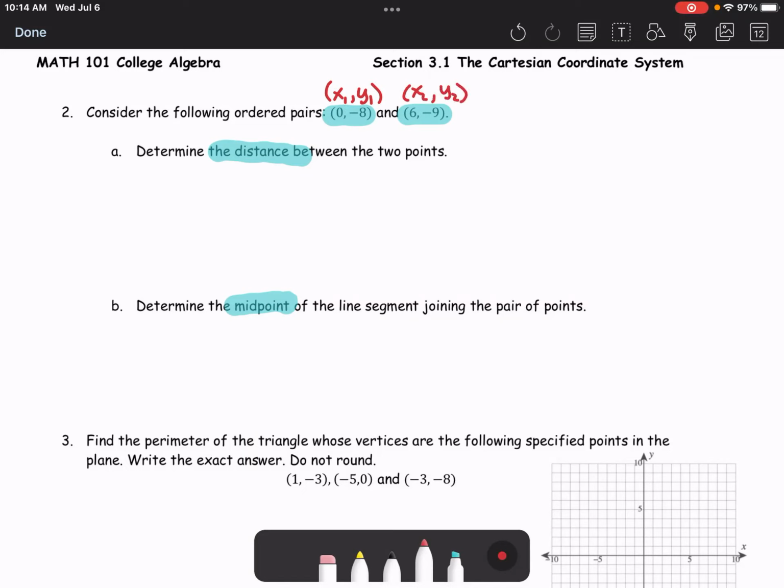For the distance, the formula is d equals the square root of the square of the difference of the x coordinates, x2 minus x1 squared, plus the square of the difference of the second coordinates, y2 minus y1 squared.